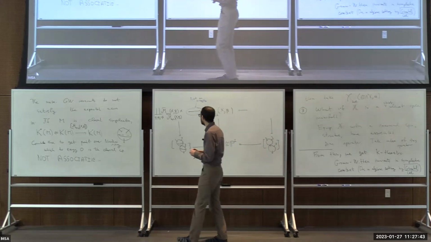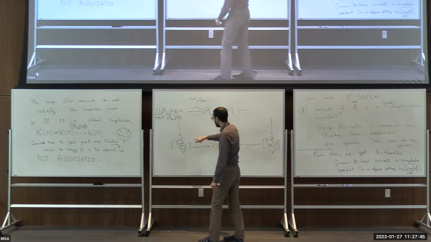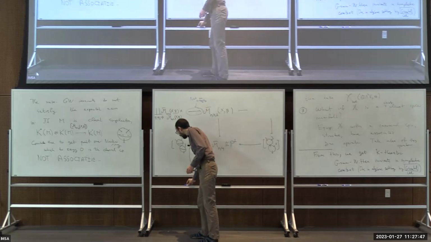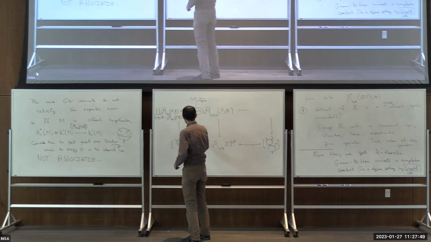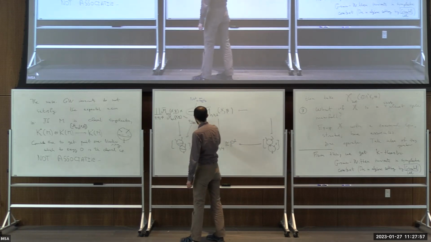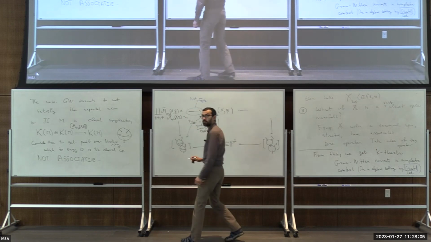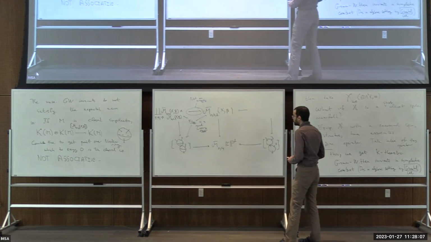So there is the actual inverse image in here, the actual fiber. The fiber is some kind of normal crossing fiber.